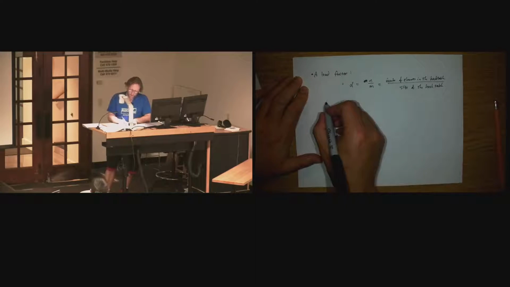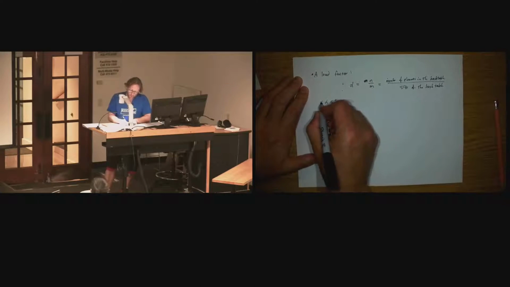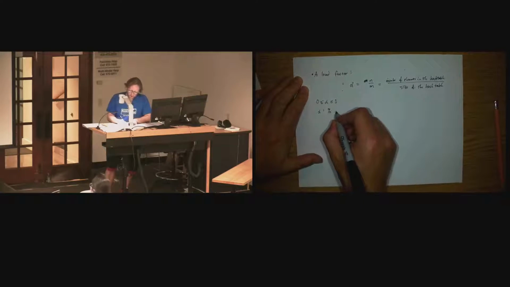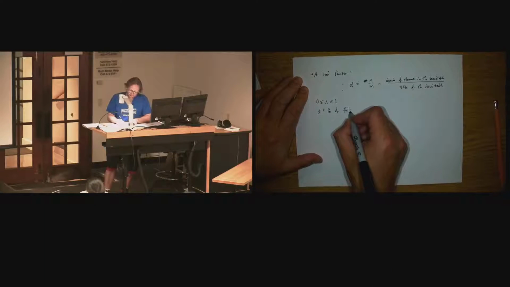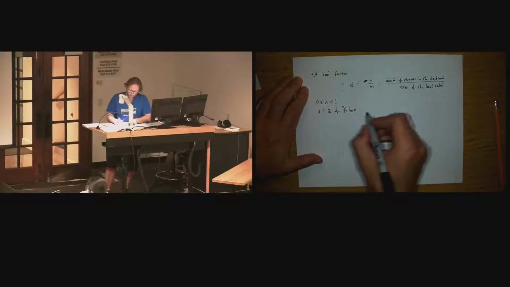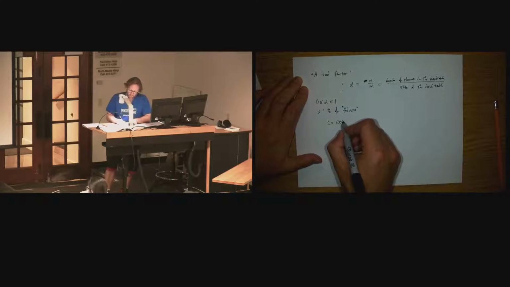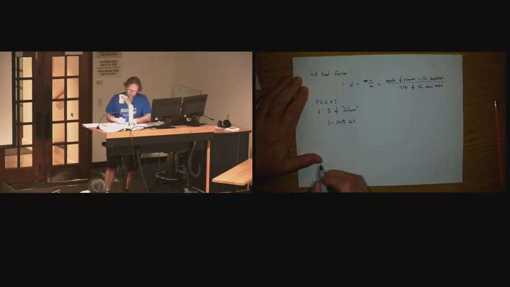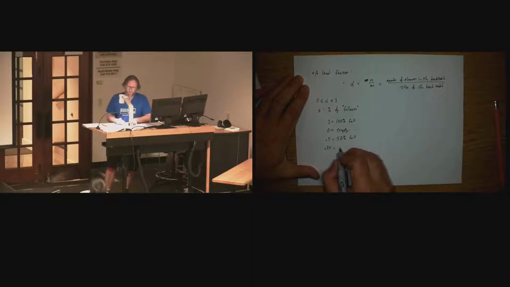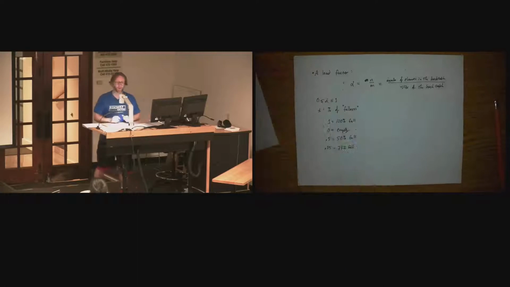In other words, alpha lies between 0 and 1. It's a percent. It's the percent of fullness, right? 1 is 100% full. Okay? 0, it's empty. And of course, 0.5 is 50% full. And 0.75, that's typically what's used as a default in a lot of implementations. It's 75% full. So that's a load factor.